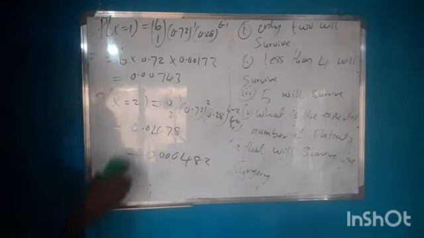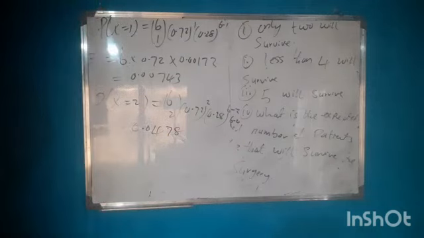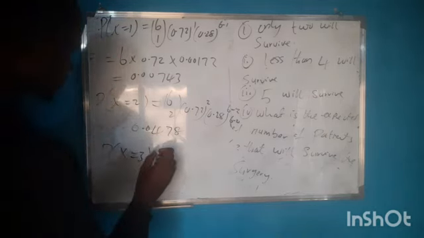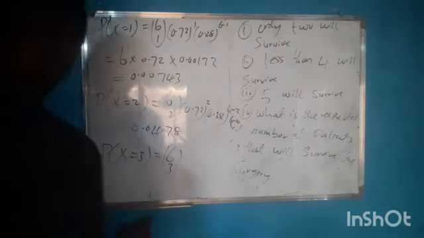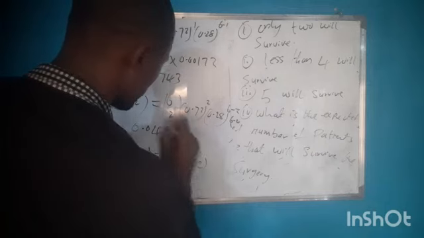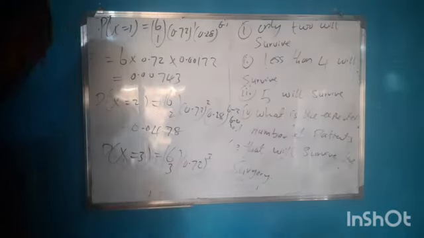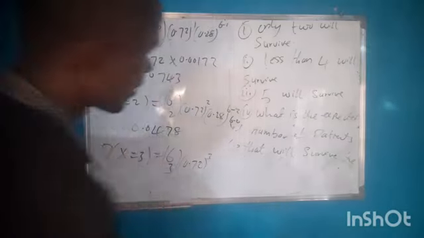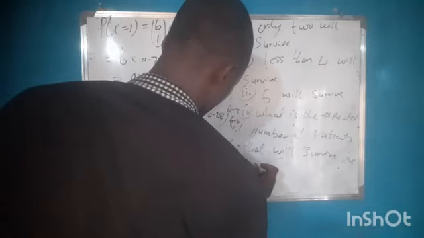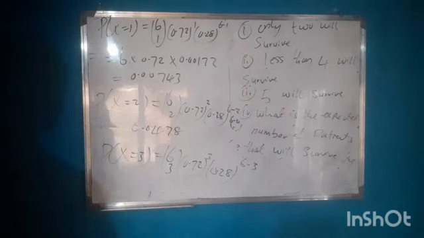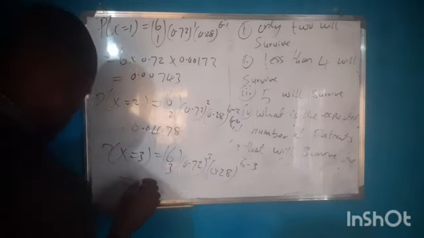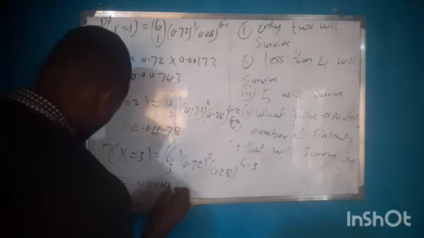So let's solve for the probability of x equal to 3. The probability of x equals 3 is equal to 6 combination 3, 0.72 raised to power 3, multiplied by 0.28 raised to power 6 minus 3.